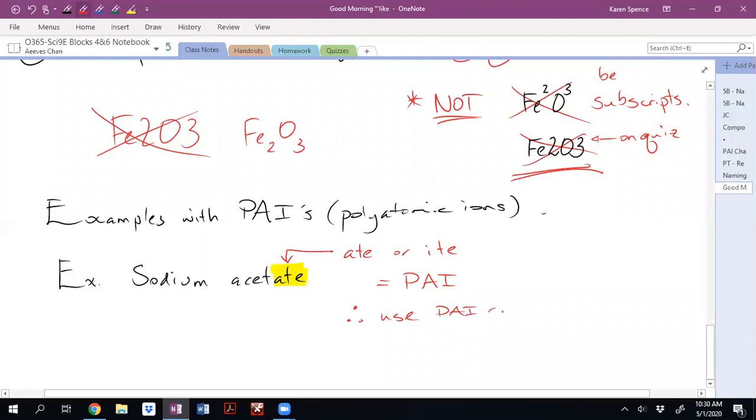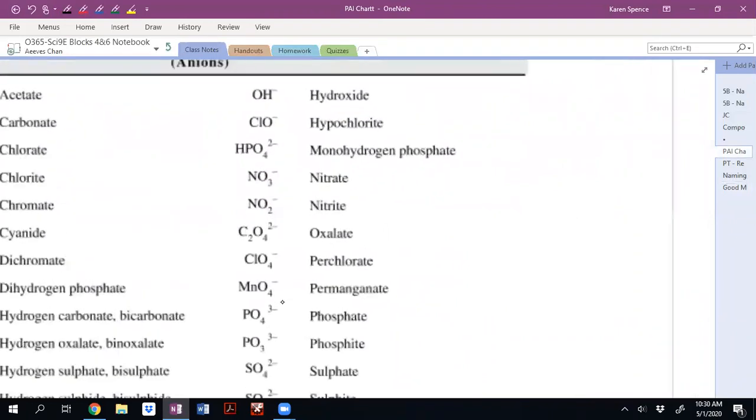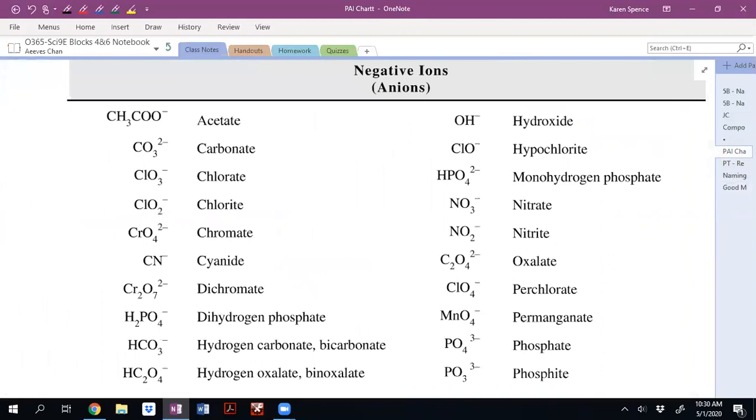So let's go and just look up acetate on our polyatomic ion chart. These are alphabetized, which is sometimes helpful, mostly. Here is acetate, and its formula is CH3COO, and it has a -1 charge.